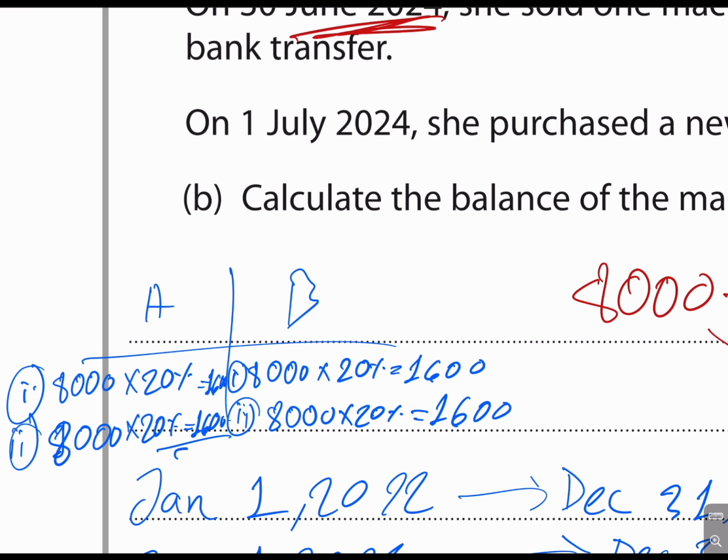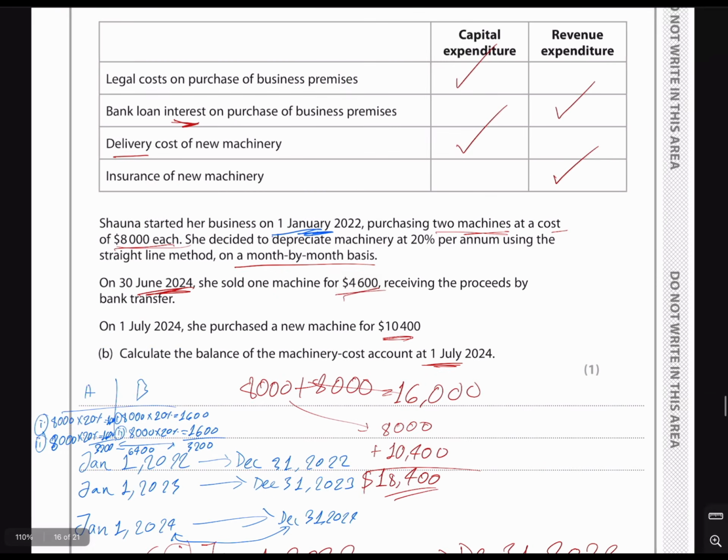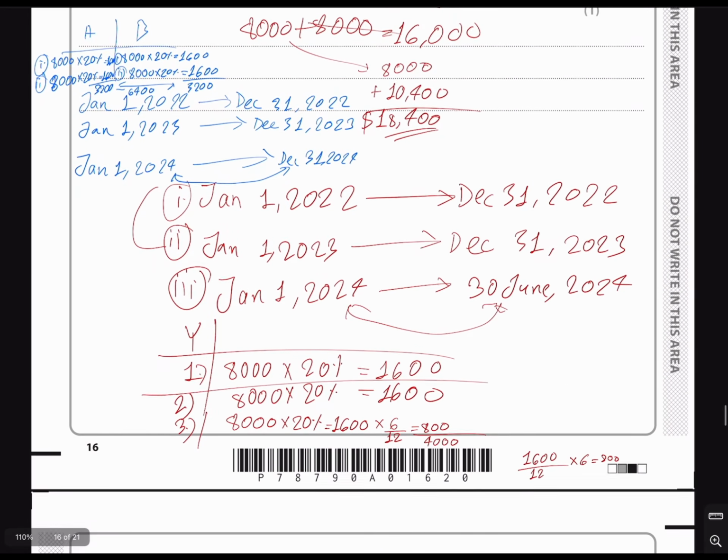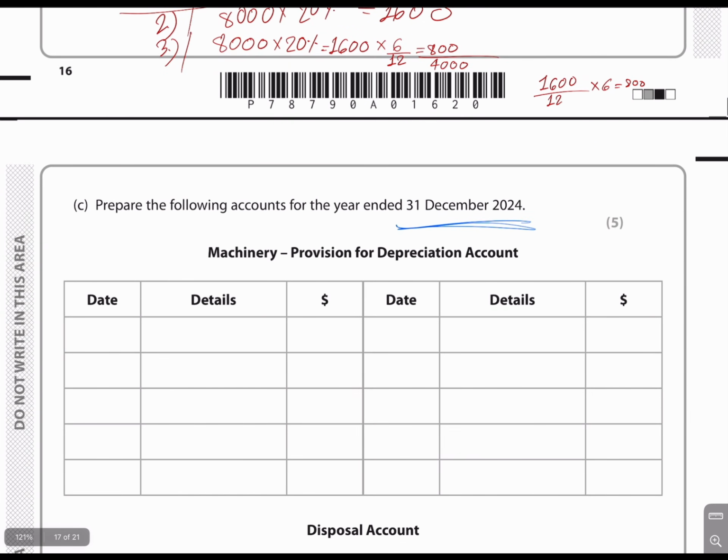So in total, asset A was depreciated by 3,200. Asset B was depreciated by 3,200. In total, 6,400 is the total depreciation that they have accumulated in the 2 years. That's how we find the balance BD of the provision account. So balance BD will be on the right side. Date would be Jan 1 2024.